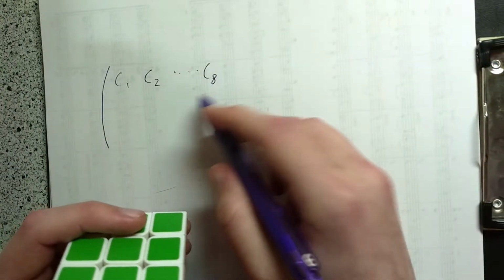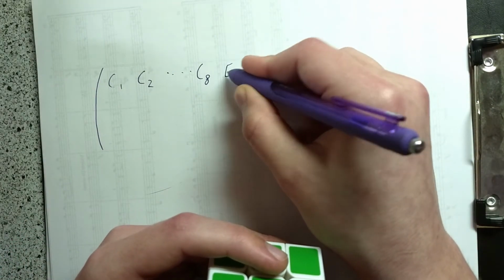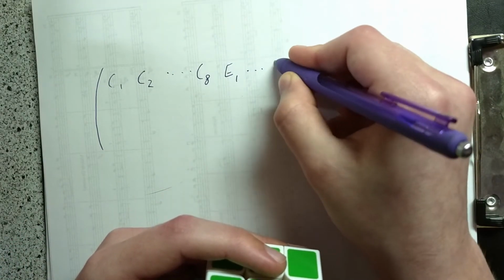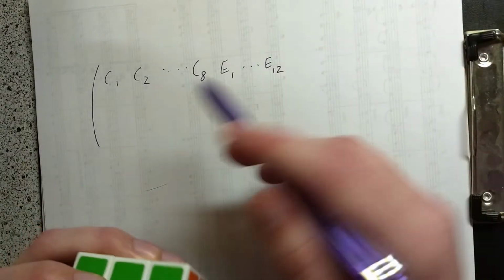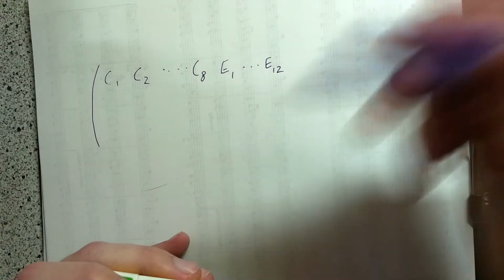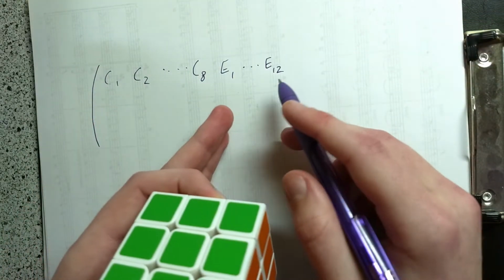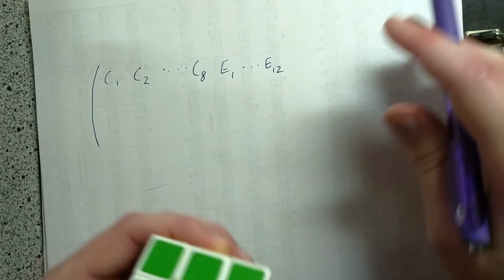So we'll have those permuting with each other. And then we'll have E1 for edge 1 up to edge 12. In this case, it would be a subgroup of permutations of 20 elements, where the first 8 elements don't ever swap with the last 12 elements.